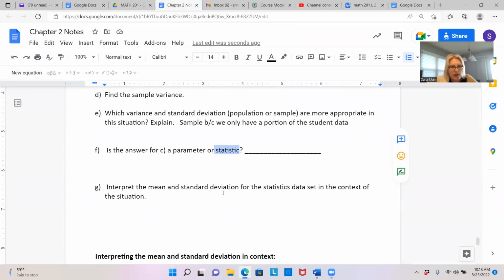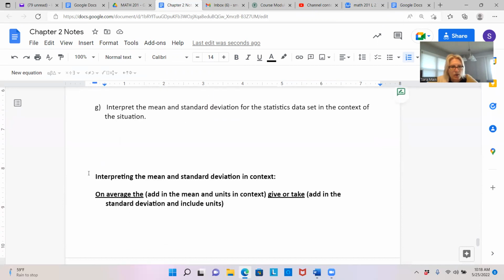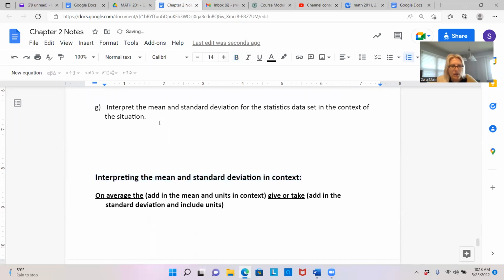Interpret the mean and standard deviation for the statistics data in the context of the situation. So notice down here, I've got kind of a formal way of writing that. And I would like to make sure that you're using this formal way. And so we're going to write that out.